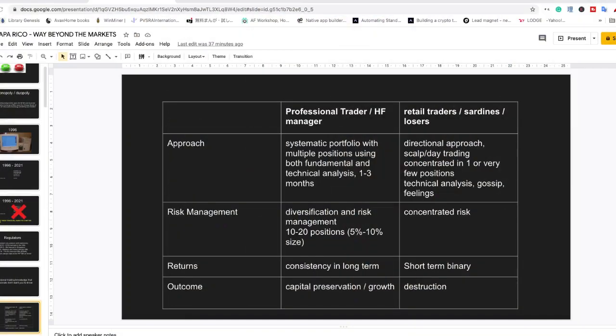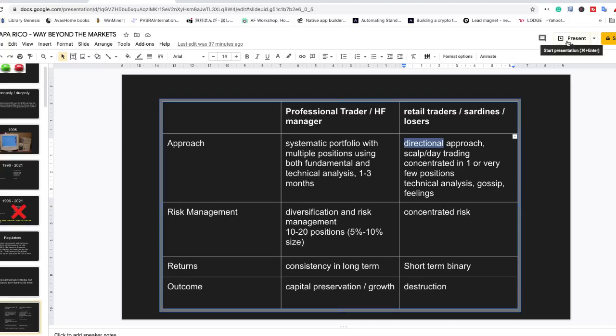On the other hand, the retail trader usually manages one position, or at most two positions. It's not many, okay?